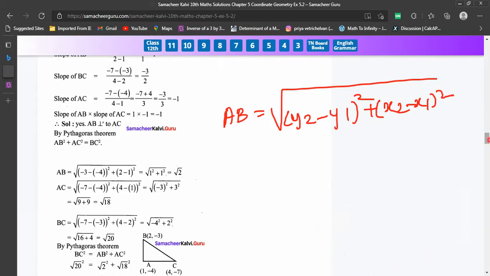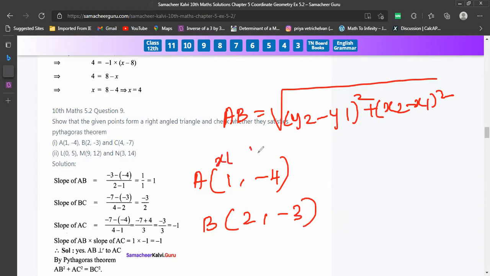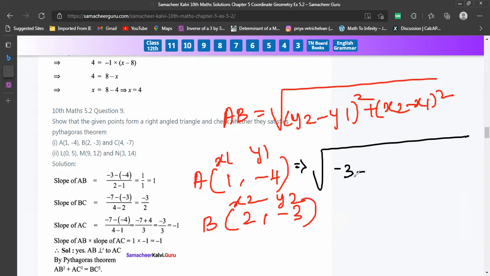What is AB? A is 1 comma minus 4 and B is 2 comma minus 3. So this is x1, y1, x2, y2. y2 is -3, y1 is -4.